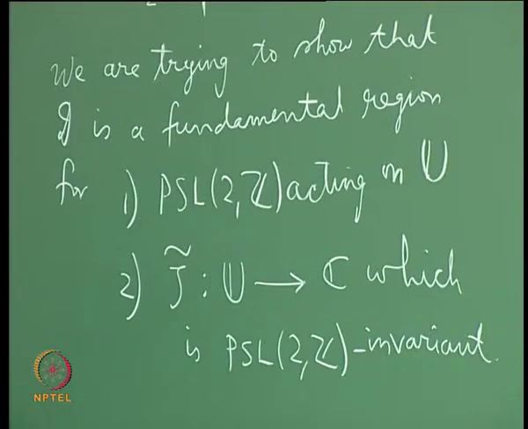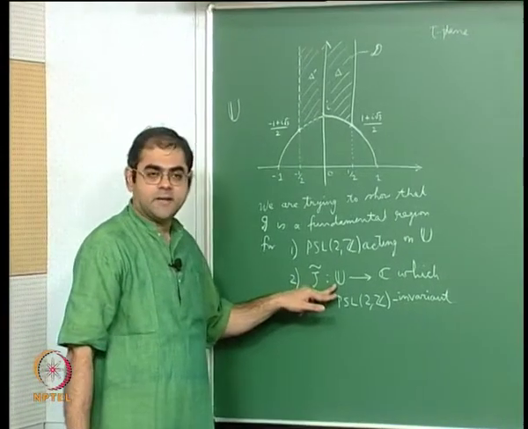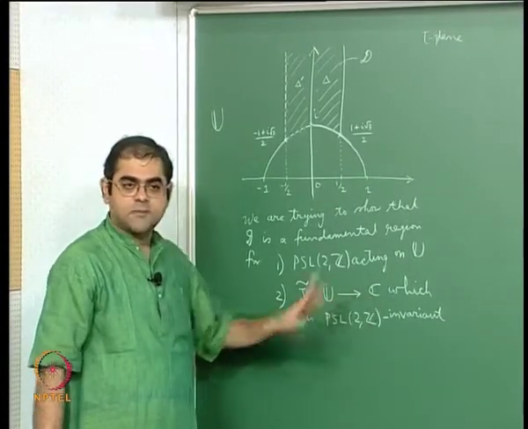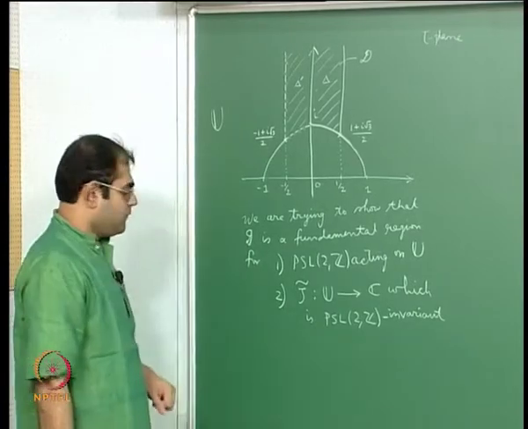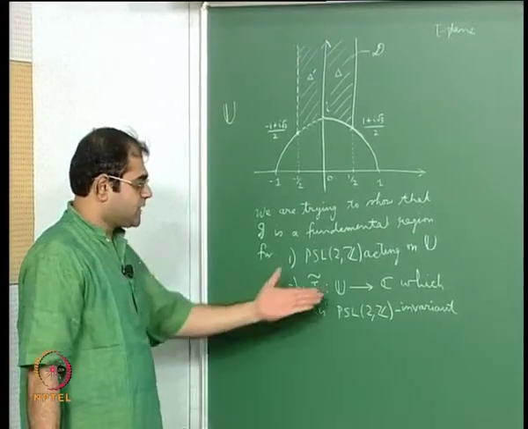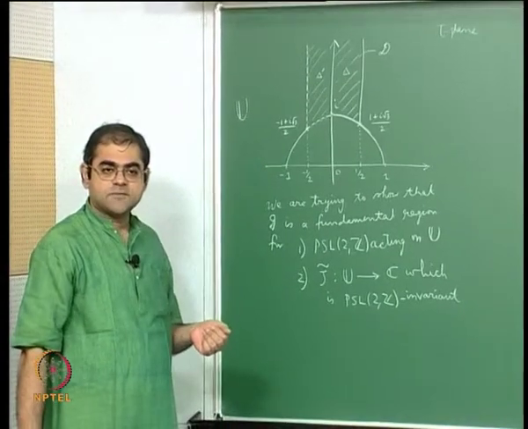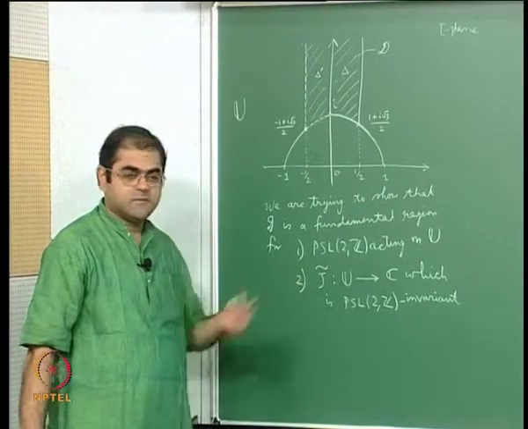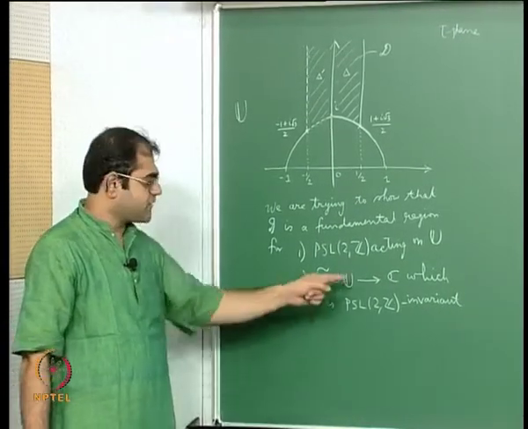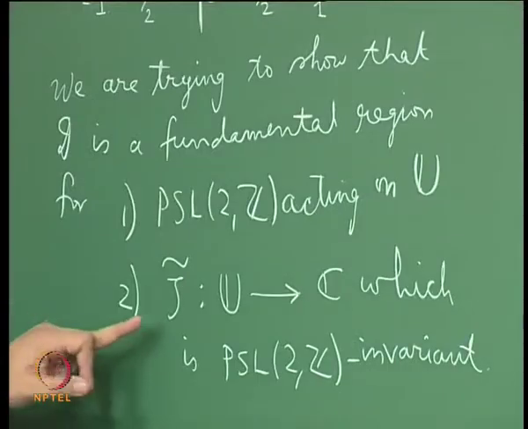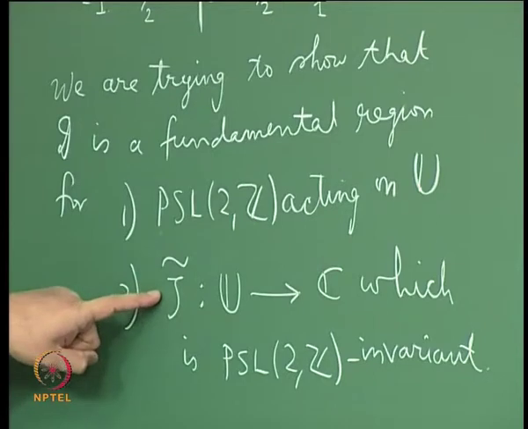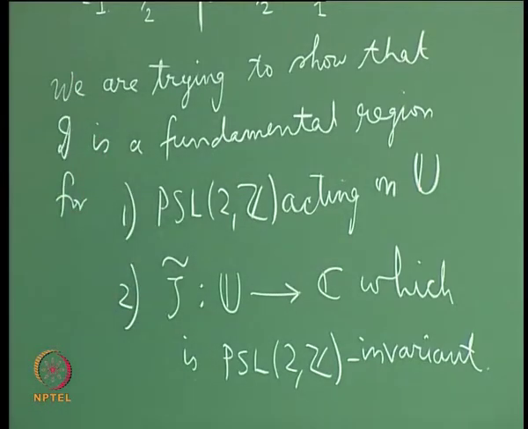And so of course our aim has been to show that the Riemann surface structure on U mod PSL2Z is biholomorphic to the complex plane, which has the interpretation that the set of holomorphic isomorphism classes of complex tori is identified with C as a Riemann surface, and the identification is done by a single invariant which is the j function, and the j function comes from passage to the quotient mod PSL2Z from j tilde. So this is what we are trying to prove.